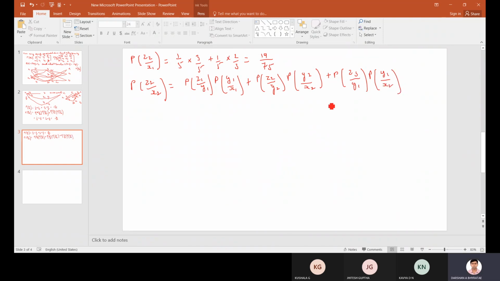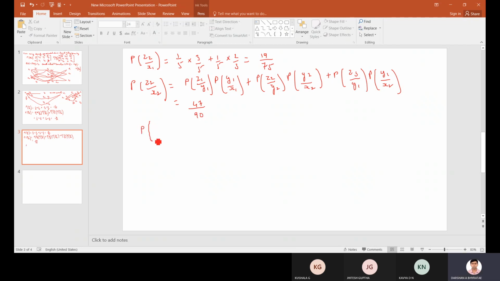Like that you determine the probability values and assign them. After simplification, it becomes 47 by 90.